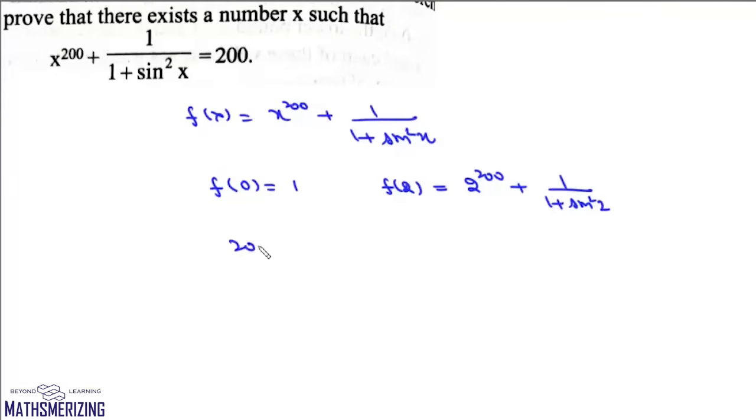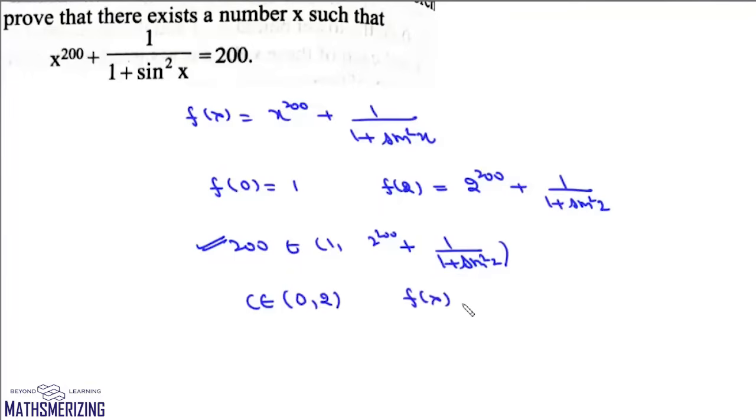Now this 200 lies between 1 and 2 to the power 200 plus 1 upon 1 plus sine square 2. So from intermediate value theorem, we can say that there exists a point c in the interval 0 to 2 such that f(x) equals 200. So there exists at least one root in the interval 0 to 2.